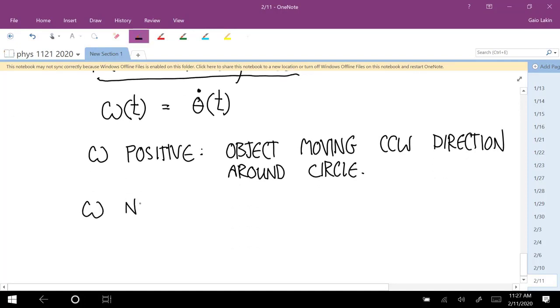And if omega is negative, it means it's moving in a clockwise direction. So the object is moving clockwise around the circle.